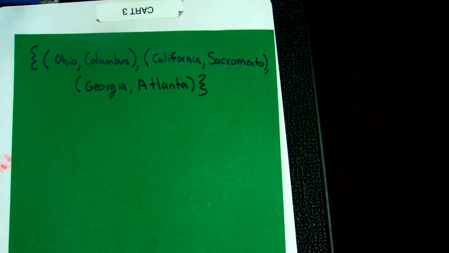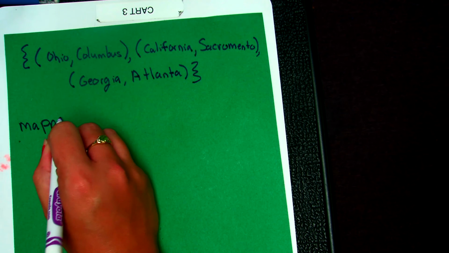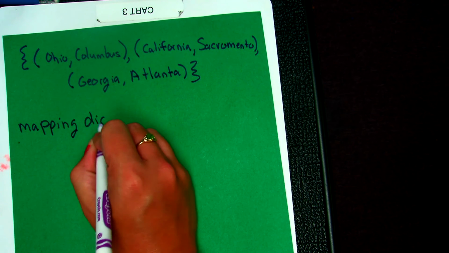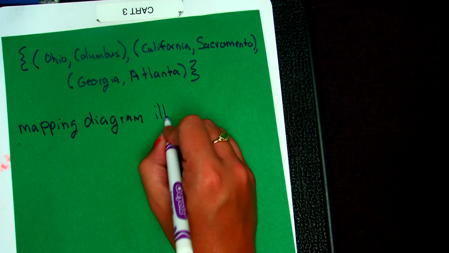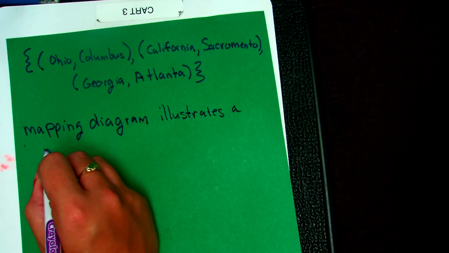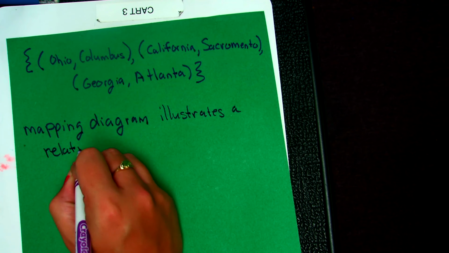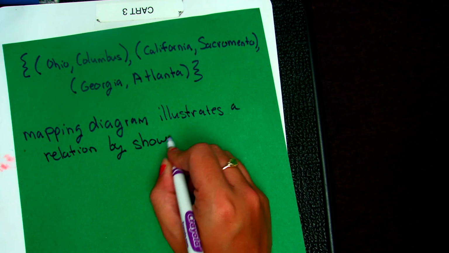Sometimes we want to illustrate a relation. And if we want to illustrate a relation, we're going to use what's called a mapping diagram. A mapping diagram illustrates a relation by showing two circles.